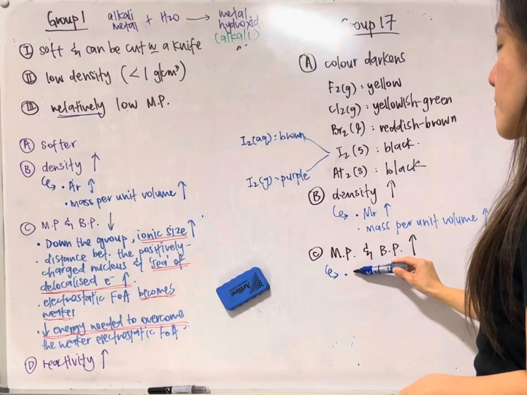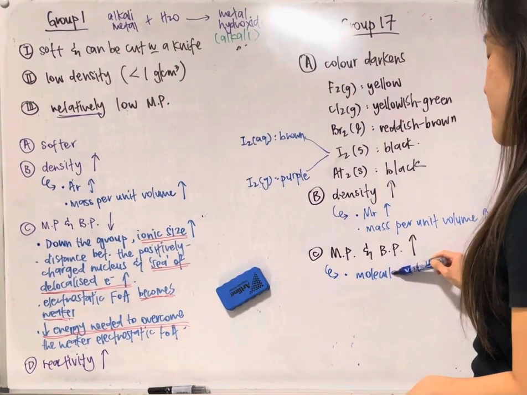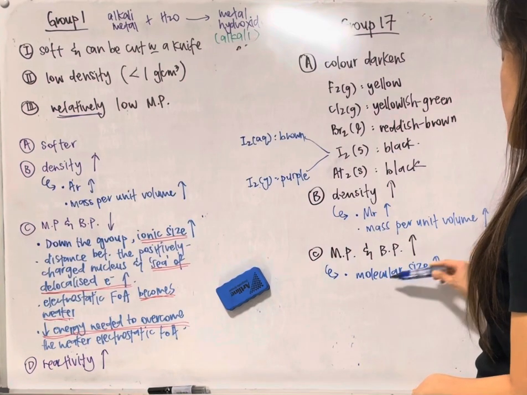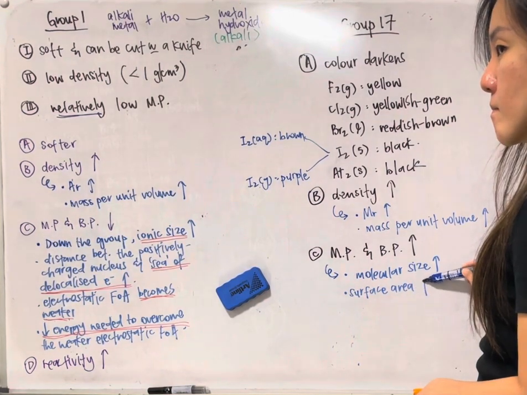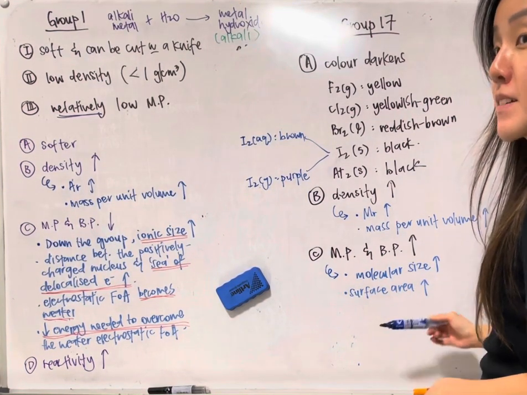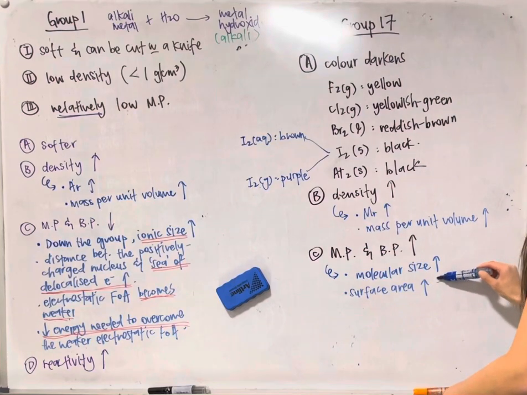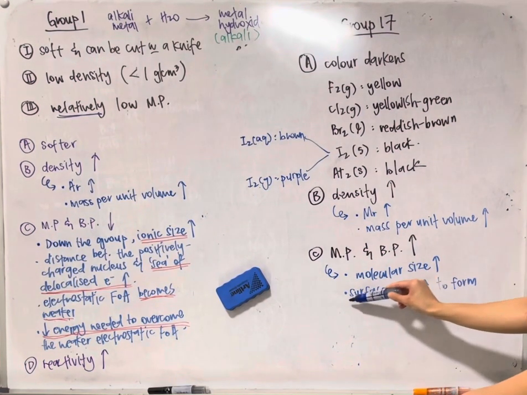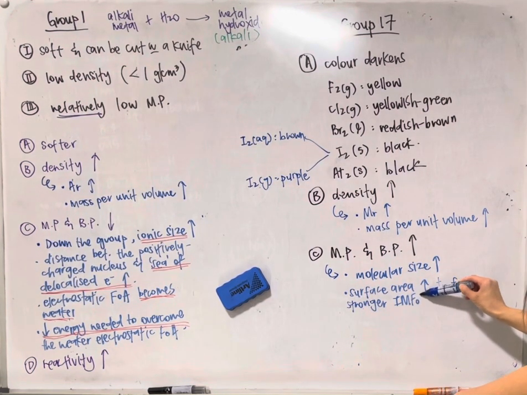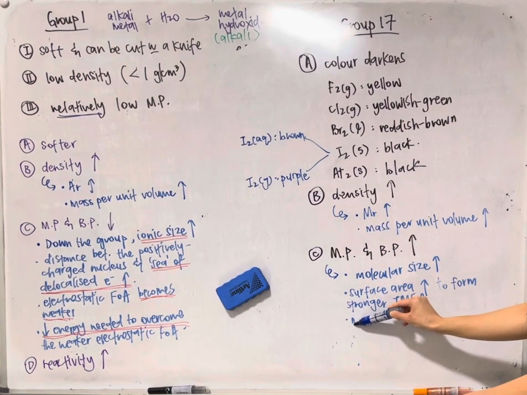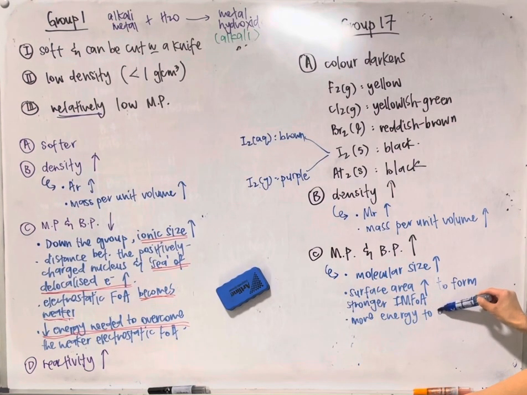Because it is a covalent bond, our molecular size increases. Molecular size increases, so surface area increases to form stronger intermolecular forces of attraction, which require larger energy to overcome.